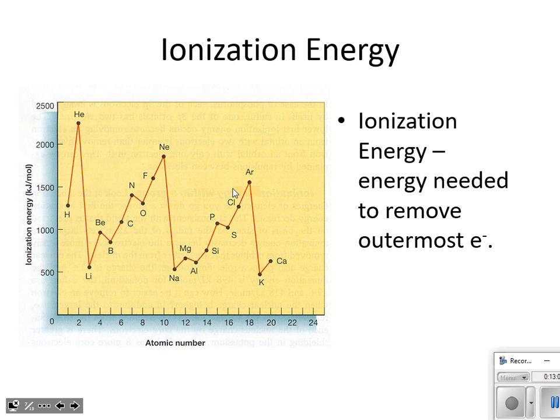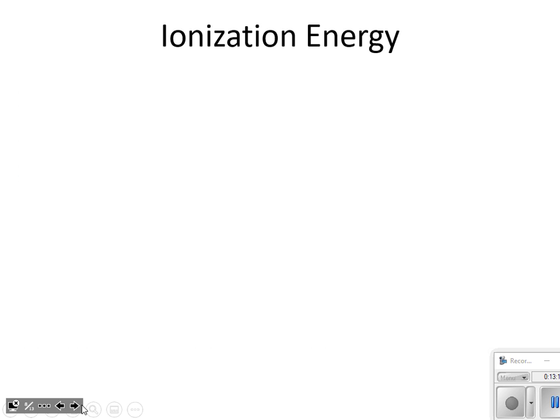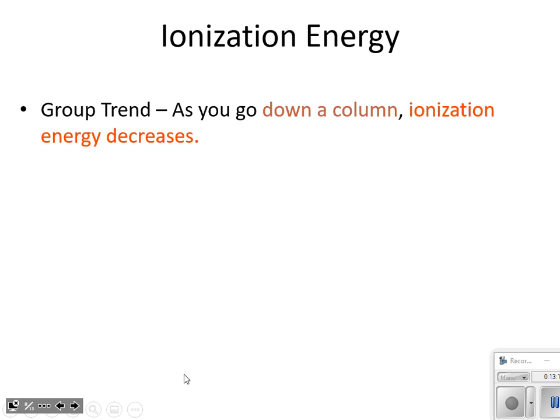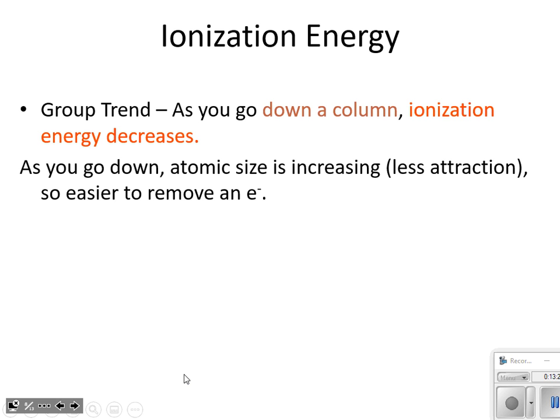All right? So let's look at our trends. A group trend: as you go down a column, the ionization energy decreases. As you go down, the atomic size is increasing.